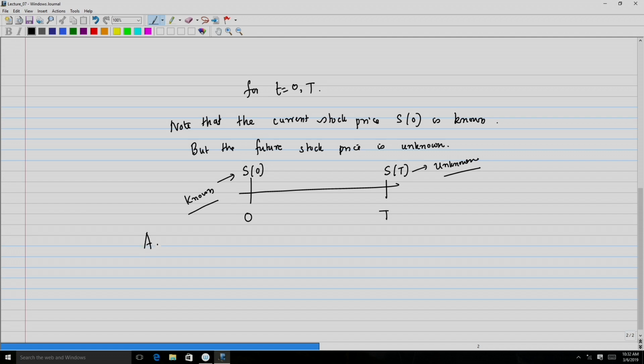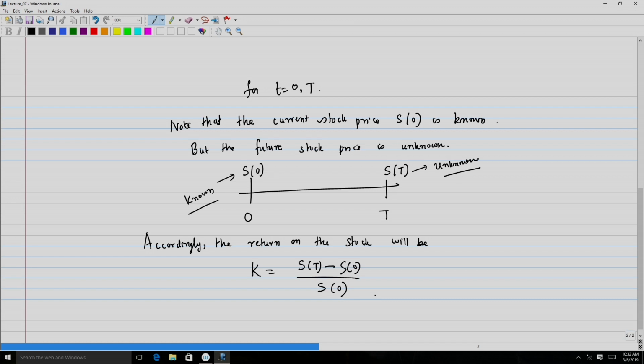So, having said that S of t is unknown, we can accordingly make the statement that the return on the stock will be K is equal to S of t minus S 0 over S 0.